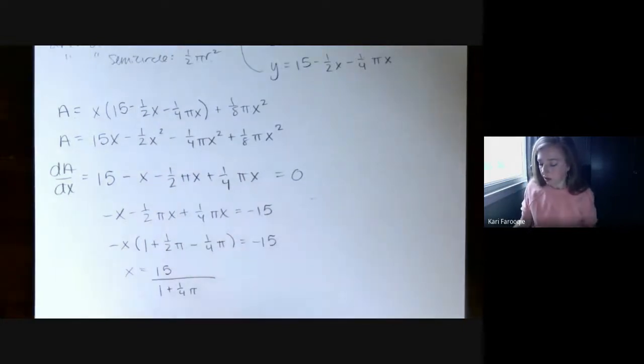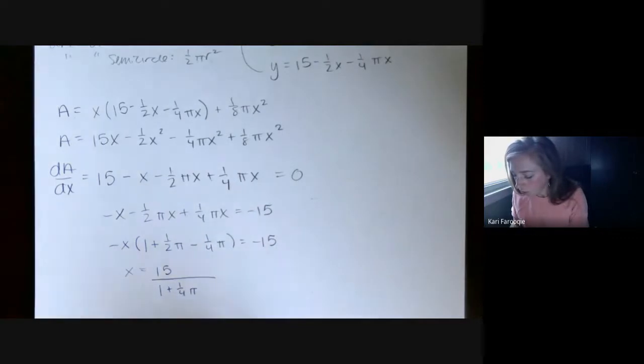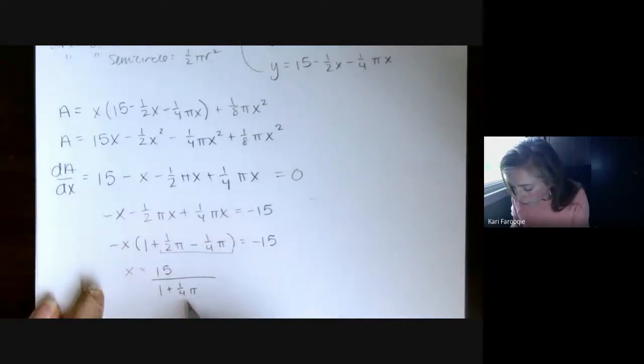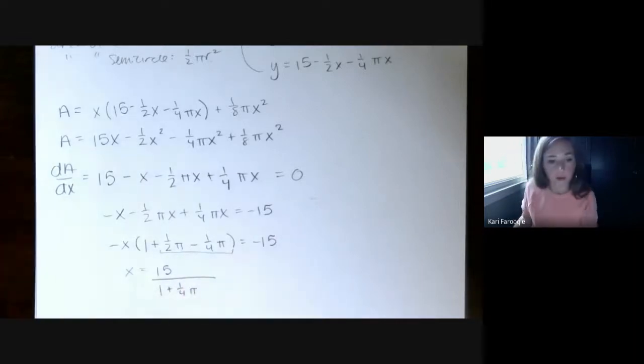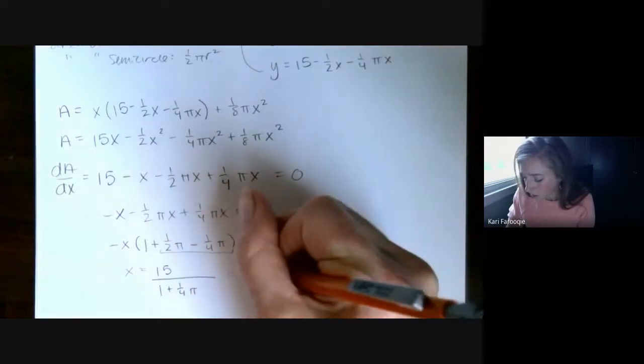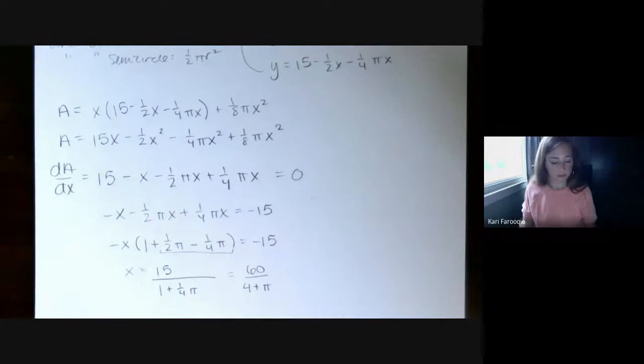Just combining these two terms together gives you that 1/4 pi. And then you have 1 plus 1/4 pi in your denominator when you divide it out. If you would like, you can rewrite that by getting rid of the complex fraction, but it's really not going to look much better. You can multiply every term by 4, and you'll get 60 divided by 4 plus pi.